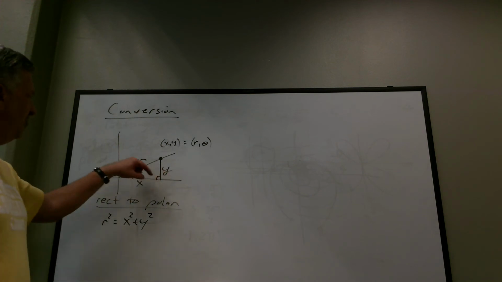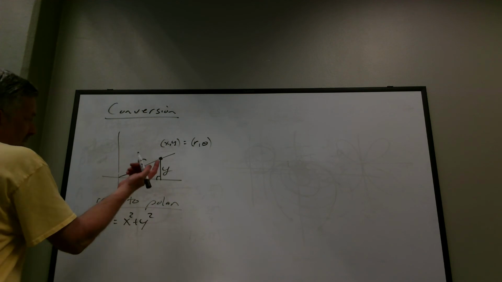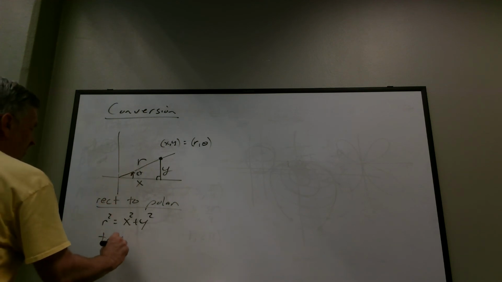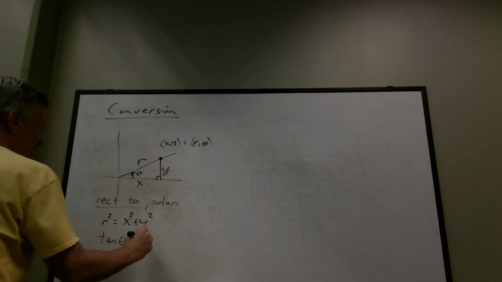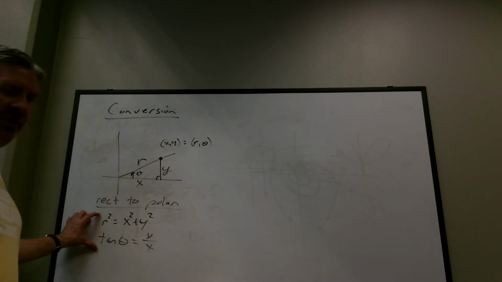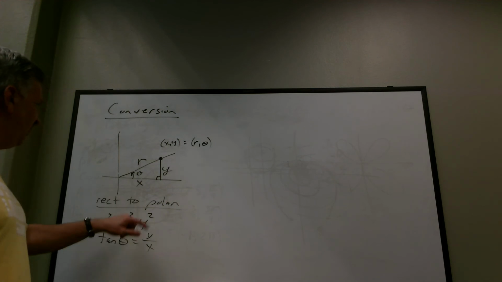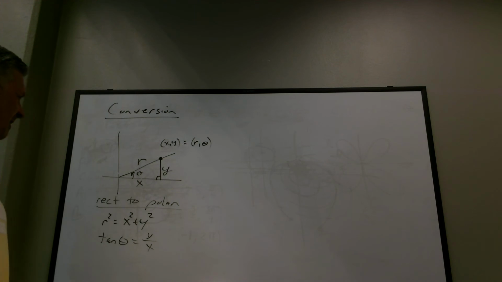And if you knew x and y, how do you find theta? Well, the easiest relationship: tan of theta, tangent is opposite over adjacent, or y over x. So if you know x and y, this will help you get to r and theta. Now you have to be careful with theta if you're in a quadrant besides the first.